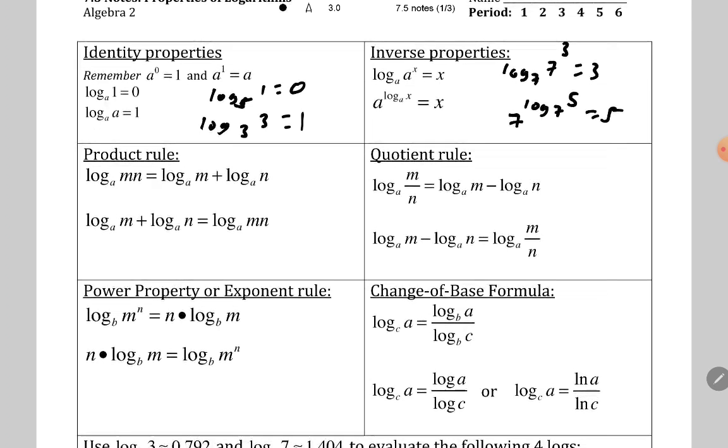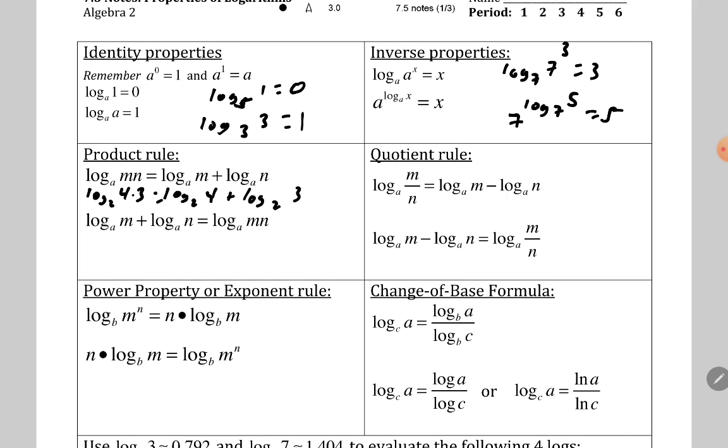Product rule. Alright. So let's say we have log base 2 of 4 times 3. That's the same thing as log base 2 of 4 plus log base 2 of 3.